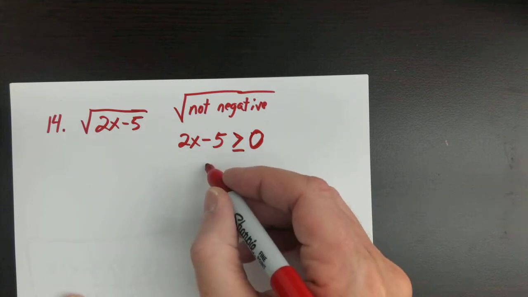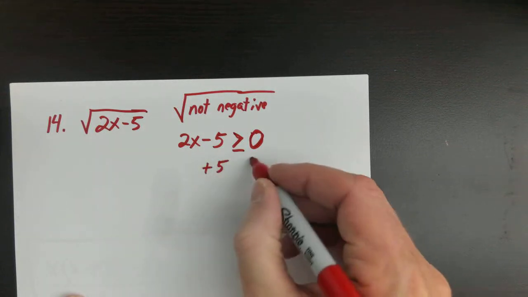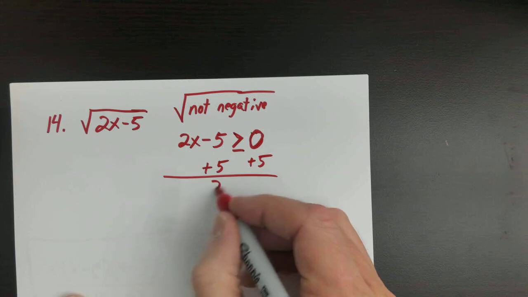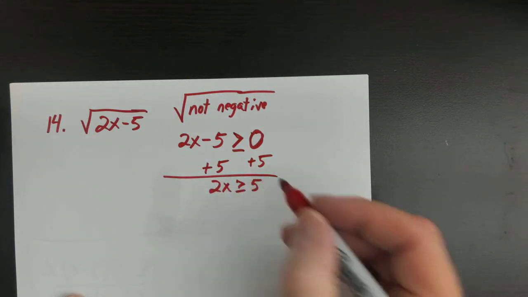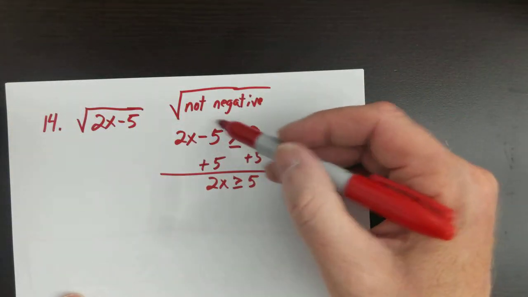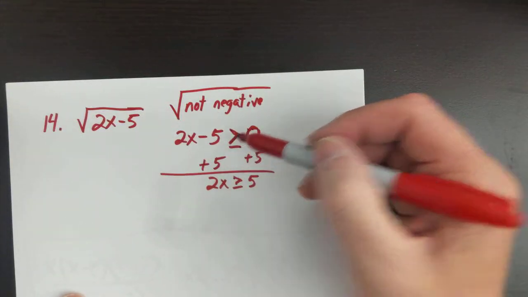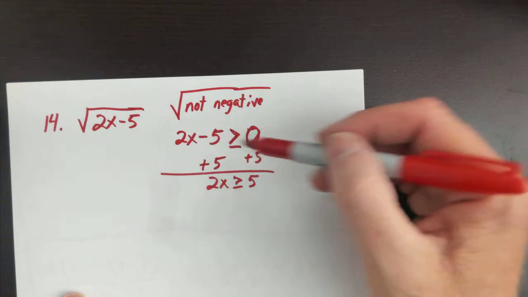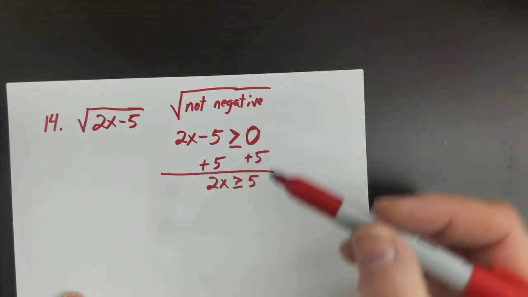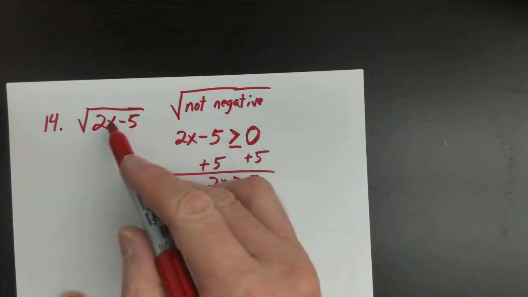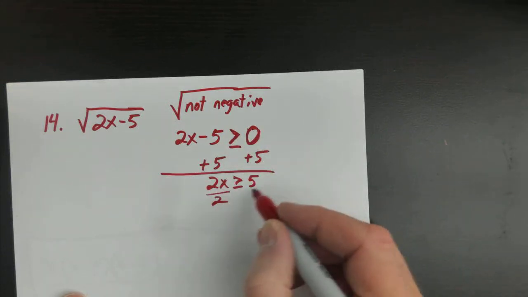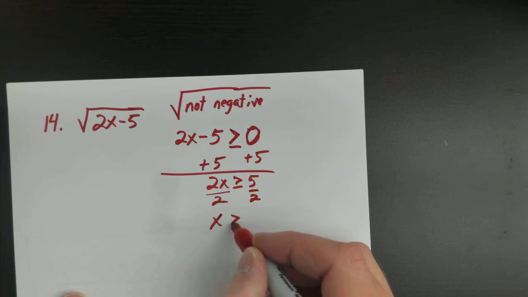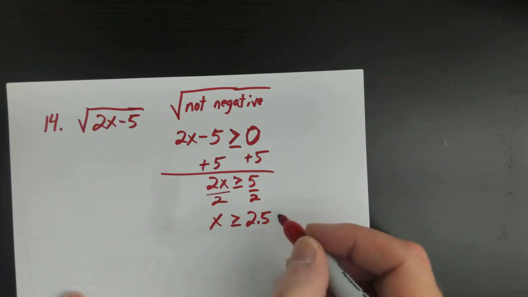So if I add 5 to both sides, I got 2x is greater than or equal to 5. So now, when I do this one, rather than thinking about what it can't be, I'm thinking about what it can be underneath the radical. And 2x minus 5 is the expression under the radical. So when I divide by 2, I've got x is greater than or equal to 2.5.